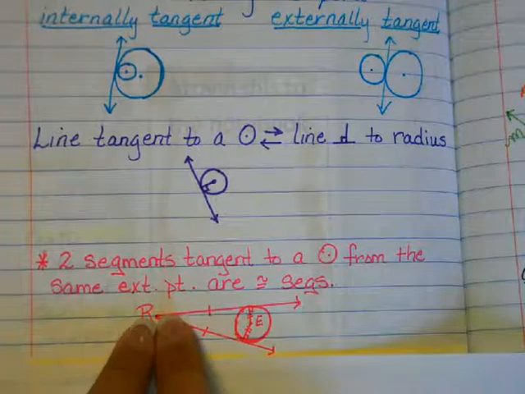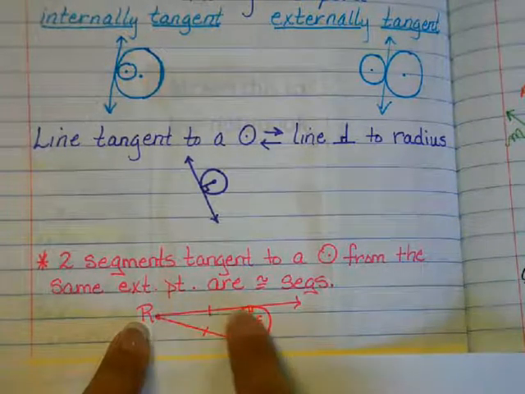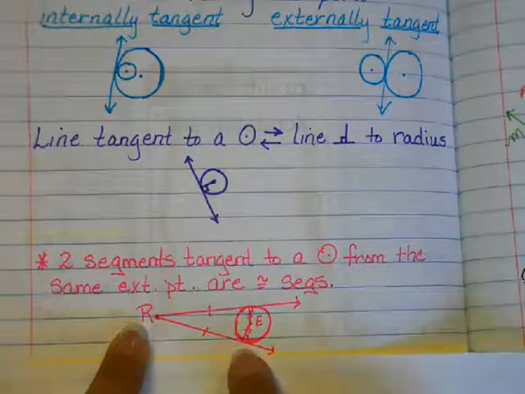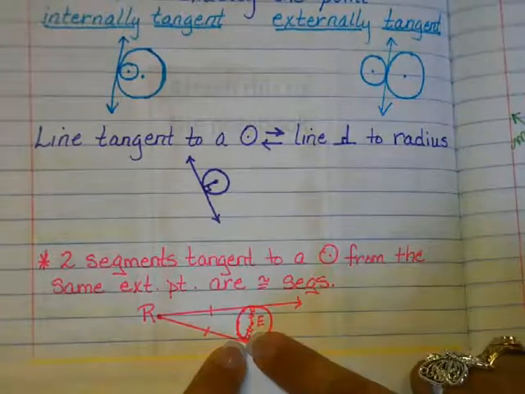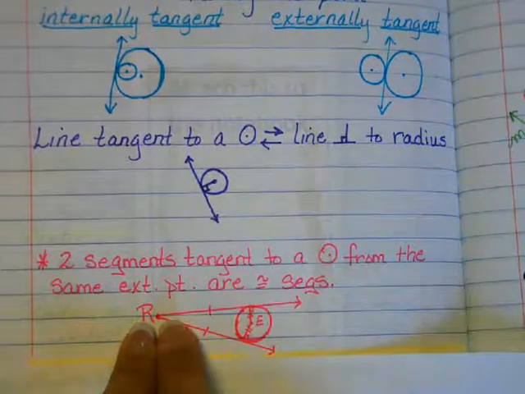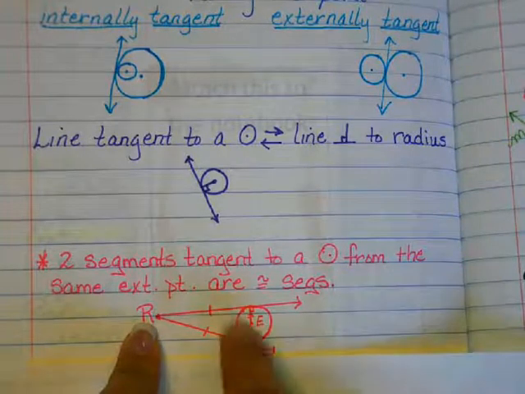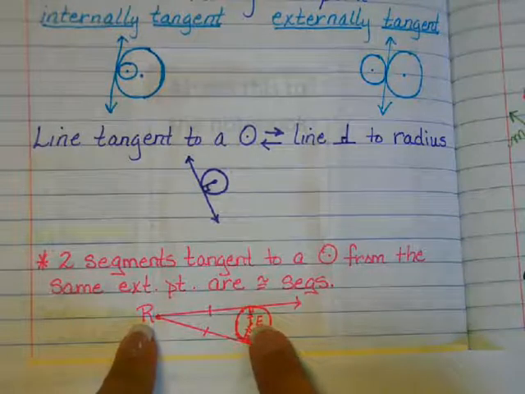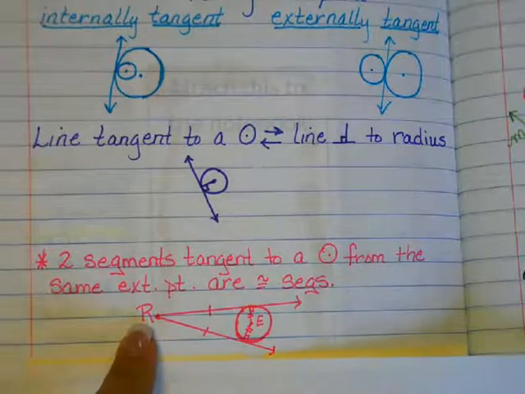These start at the same point. They are both tangent to the circle, which remember is also perpendicular to the radius. But because they start at the same point and are tangent to the same circle, these are both congruent segments. The E in there names the center point, so I have circle E.